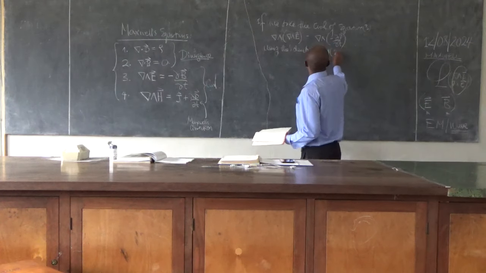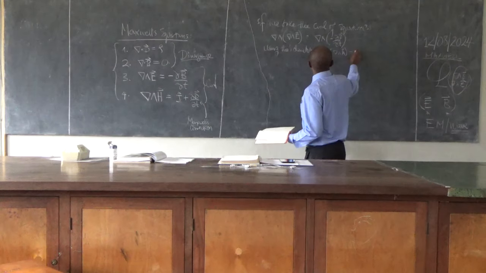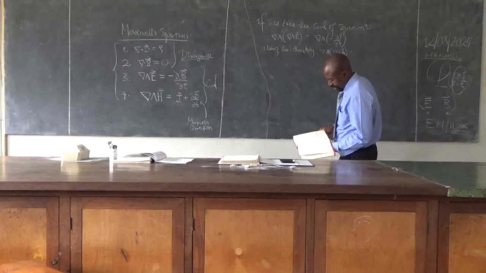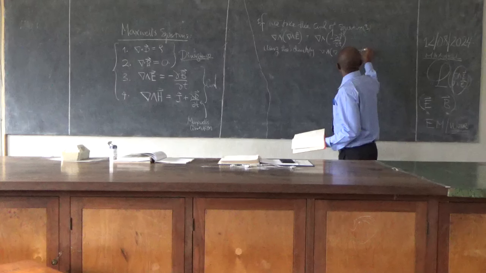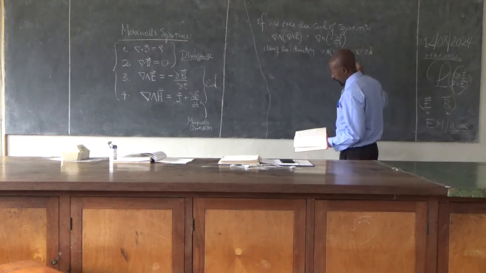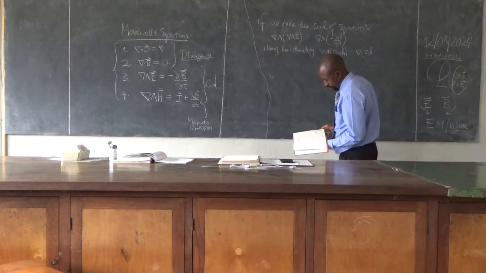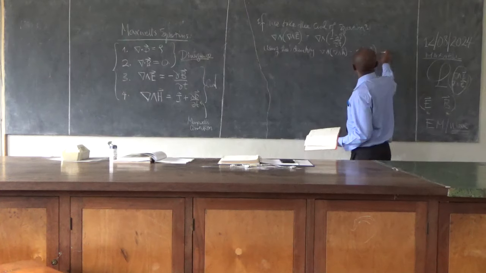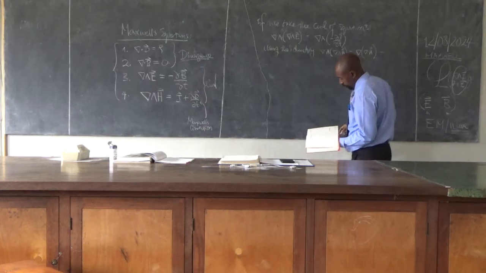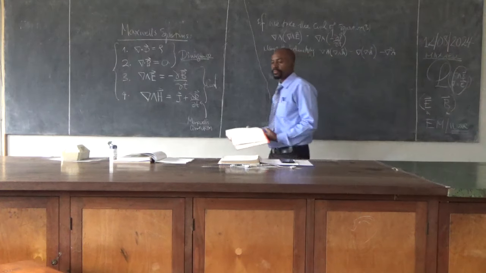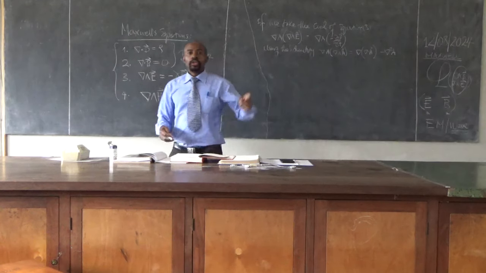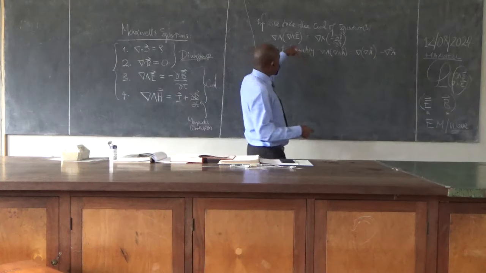the curl of the curl of the vector A is the same as grad divergence of the vector A minus grad squared A. So I use the same logic.